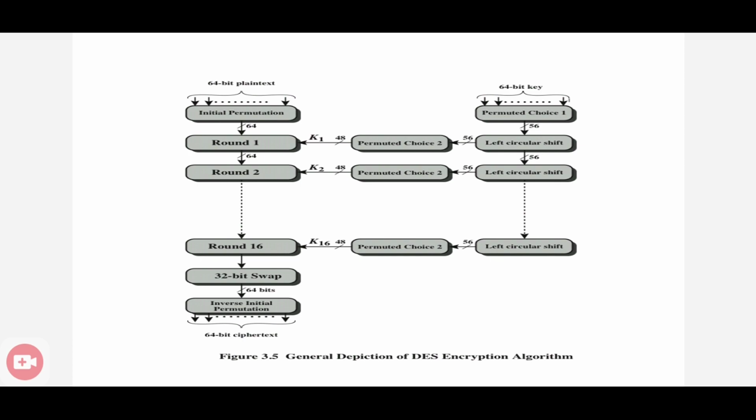You have already studied the Feistel structure. In the Feistel structure, we divide the original plain text into two. If it is a 64-bit plain text, we divide it into 32 bits each. Then swapping means interchanging the left half and the right half. And after the second phase, we have a third phase, that is inverse initial permutation.